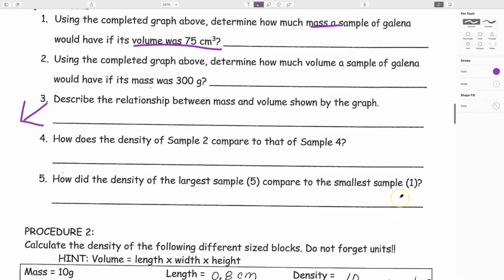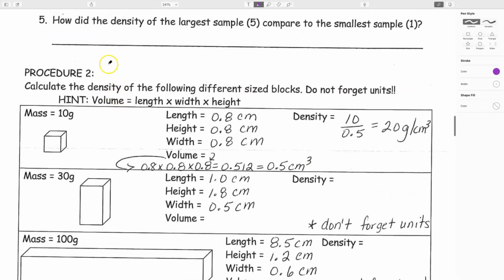So that clears up that procedure. The second procedure is super easy. I find this to be the easiest procedure because it's kind of tangible. You can look at the object. Each object is given a mass, and then you take your length, height, and width, and multiply them to get a volume. For the first cube, they want you to find the density.